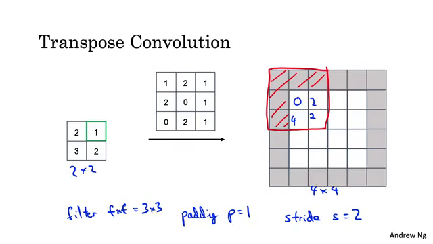Now I'm going to switch to green pen for this. So once again, we're going to take a 1 and multiply it by every single element of the filter. Because we're using a stride of 2, we're now going to shift the box in which we copy the numbers over by 2 steps. Again, we'll ignore the area which is in the padding, and so the only area that we need to copy the numbers over is this green shaded area.